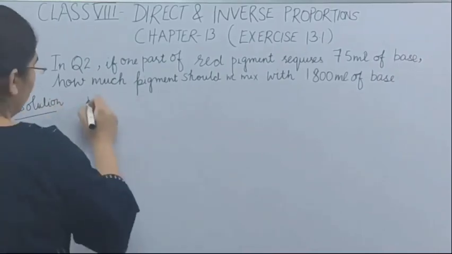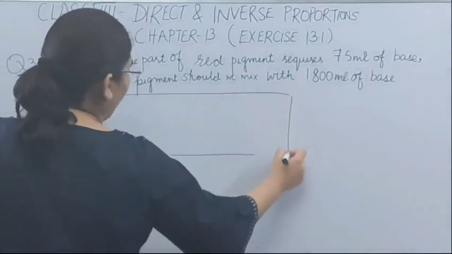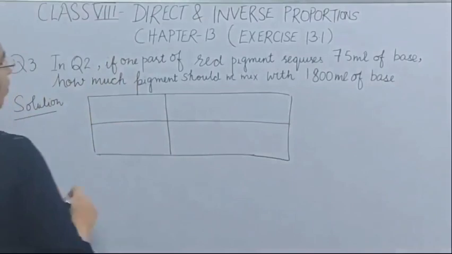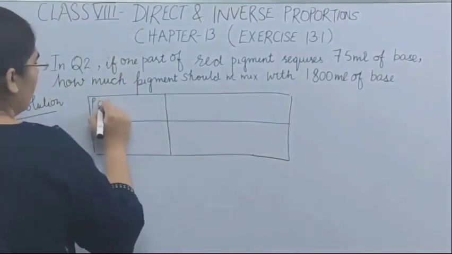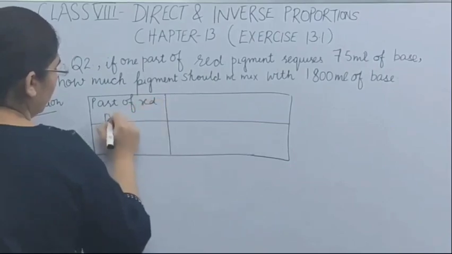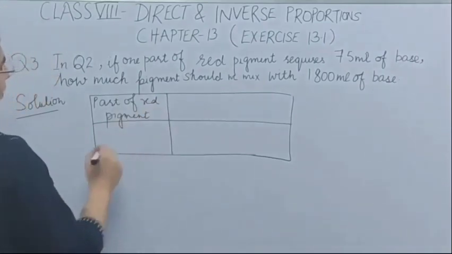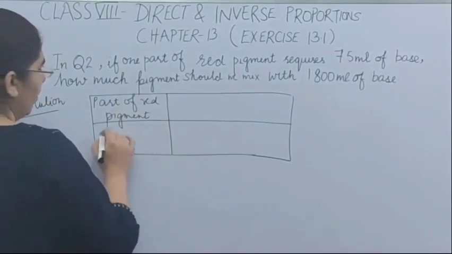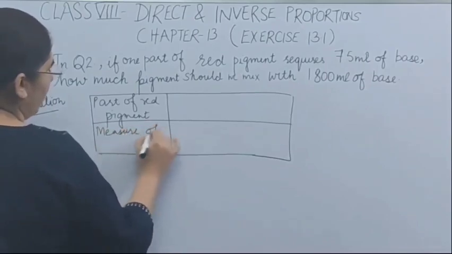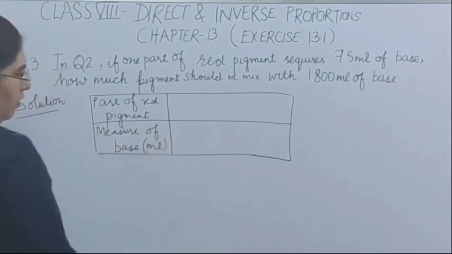So, we make a table which is like this. Now, you have to tell me what will come in the table. So, this is part of red pigment and this is the measure of base in milliliter.